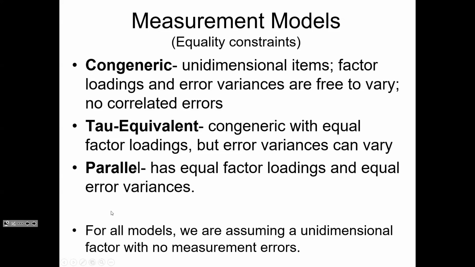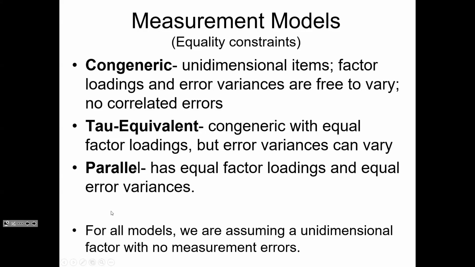Okay, so a congeneric model, fancy term, a congeneric model is just a unidimensional model. So where we have factor loadings, we have error variances. There are no constraints on the factor model other than those that are required to identify the model.